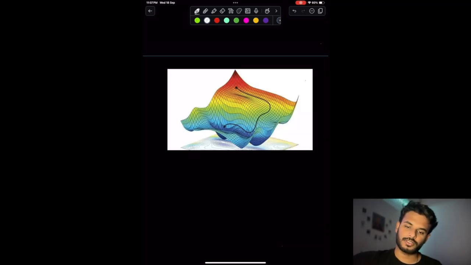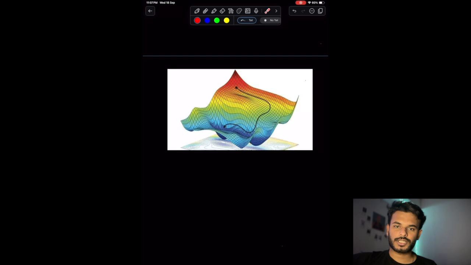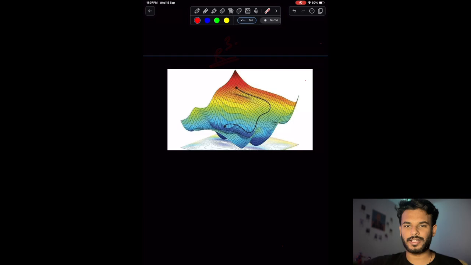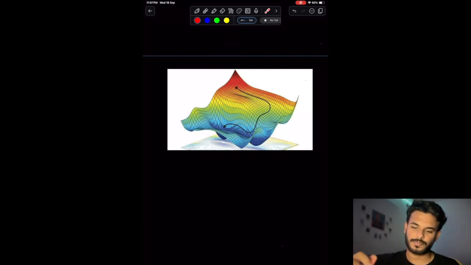This whole image is our loss surface. By loss surface, I mean it's a place where the losses and the weights are actually living. You can take it as an R3 space, and it's defined in such a way for this particular case.